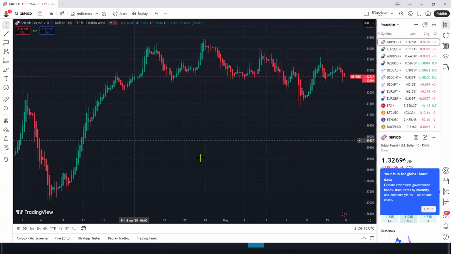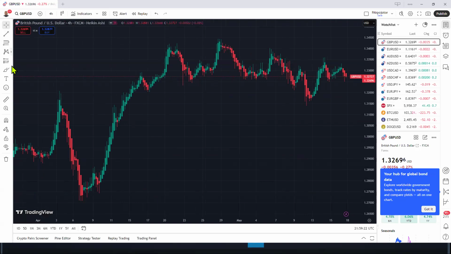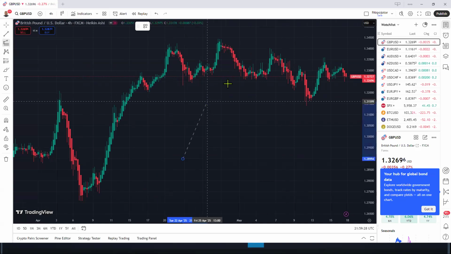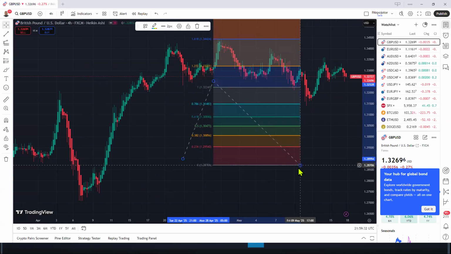So this is your TradingView. Now in your TradingView, look at your Fibonacci. You have the colors in your TradingView. See the colors, they are there.